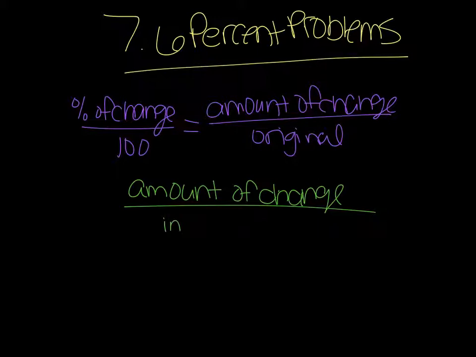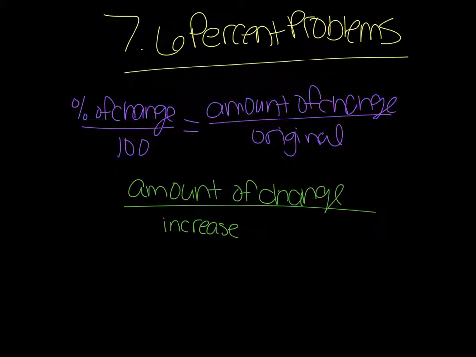So let's start with an increase. If I have an original amount and a new amount, and it's an increase, that means my new amount is greater. That's the definition of an increase: your original amount is less than your new amount. For purposes of today, we always want the amount of change to be positive.